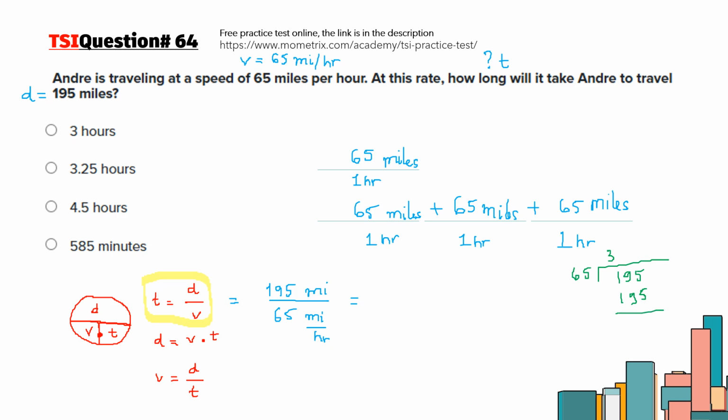We subtract top to bottom and you get a remainder of 0. So the answer is 3.